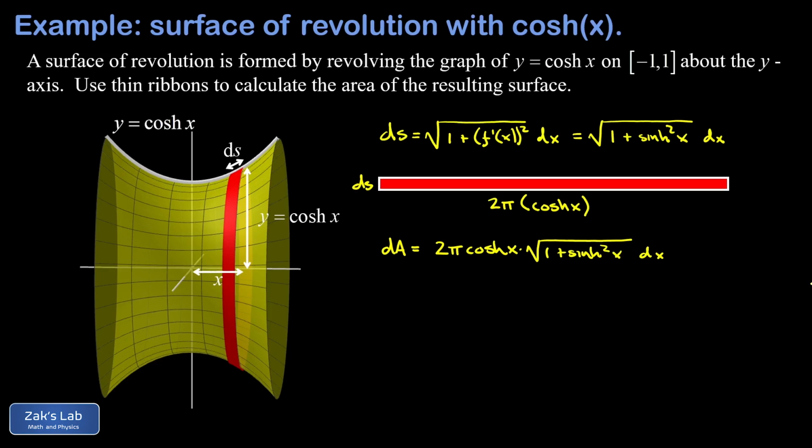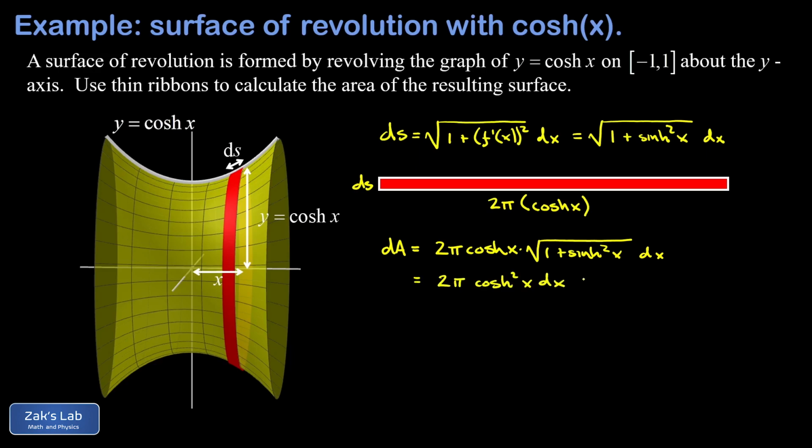So the inside of this square root actually simplifies by using an identity for the hyperbolic trig functions cosh and sinh. As it turns out, 1 plus sinh squared gives us cosh squared, and I'll post a link at the top to the derivation of that fact. So taking the square root of that, I end up with just a second factor of cosh, and this means dA simplifies to 2 pi cosh squared of x times dx.